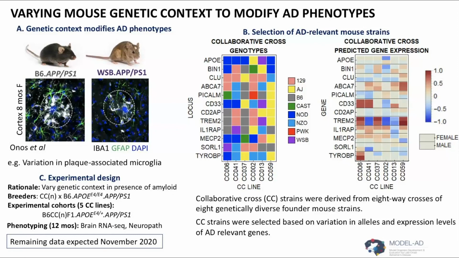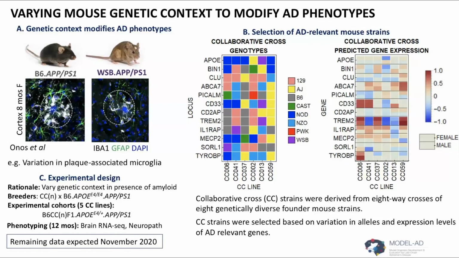And what Greg Carter has done is to identify CC lines that vary greatly in genes known to be impacted in late-onset Alzheimer's disease, such as ABCA7, ApoE, TREM2, SORL1, etc. If we look at their gene expression data in the hippocampus, work done by Alyssa Chesler, we can see that their gene expression changes.